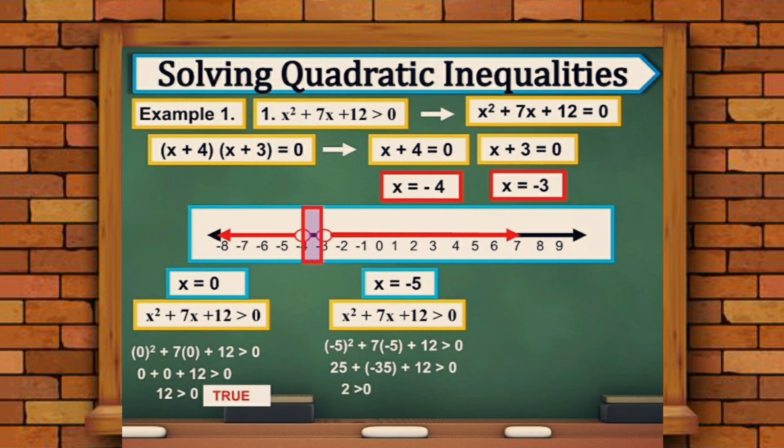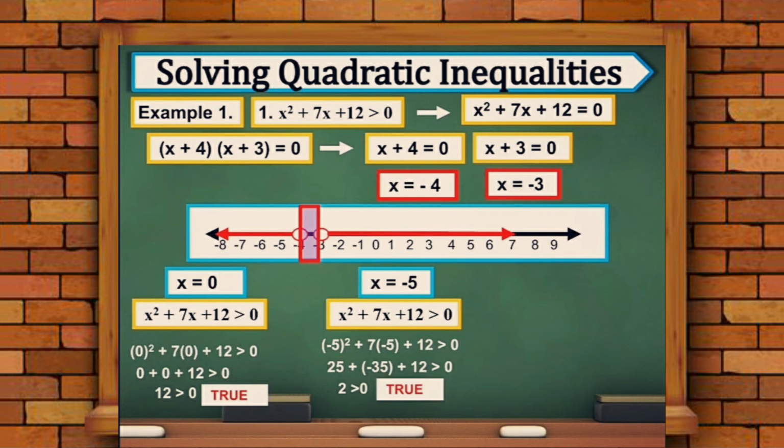Then, substitute the value of x. Simplify. So, 25 plus the quantity of -35 plus 12 is equal to +2, which is greater than 0. And it is also true. It means our left side is also part of the solution.